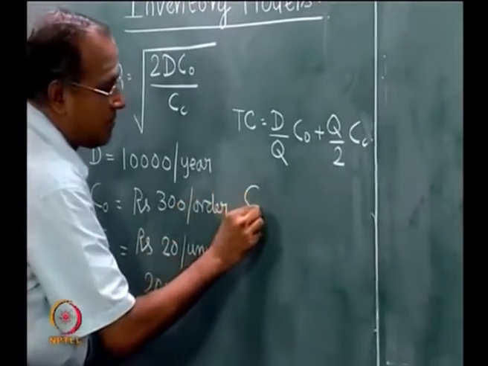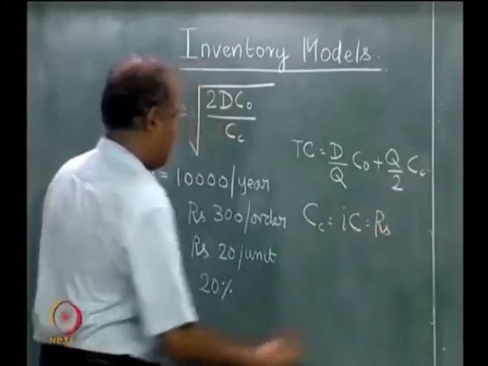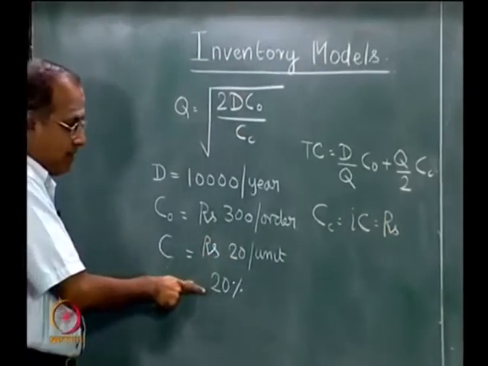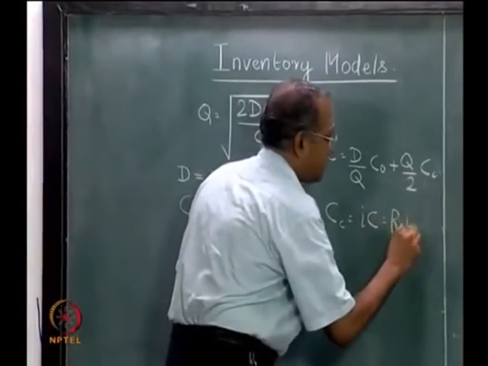So, Cc will be defined as I into C, which is 20% of rupees 20, which is rupees 4 per unit per year.